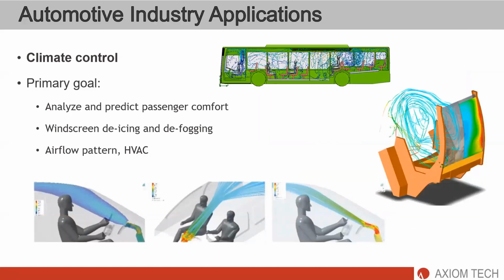We can look on some climate control. The primary goals is in cabin modeling, analyze climate control functions and passengers comfort. This is possible in our special add-on modules HVAC.